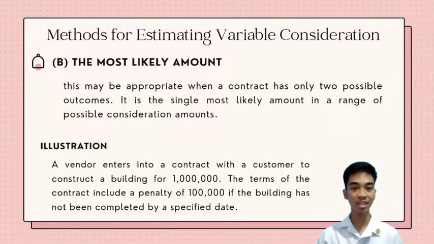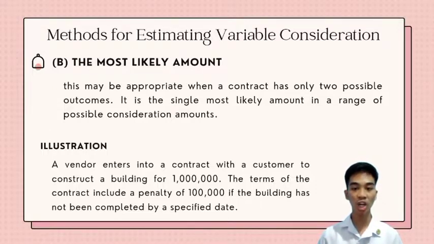The method an entity uses to estimate variable consideration is not a free choice. An entity should use whichever method will better predict the amount of consideration to which it will become entitled. When an amount has only two possible outcomes, it will often be appropriate to estimate the variable consideration by using a method based on the most likely amount.